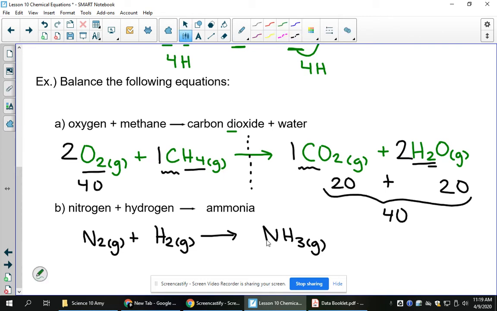All right, this one has a little bit of a trick. I'm still starting with the biggest number I see, which is 3, and I'm trying to balance these hydrogens. So I need to think what number would balance 2 and 3. It's similar thinking to writing a fraction with a common denominator. If I needed to do that, I'm looking for in math what we call the lowest common multiple of 2 and 3.